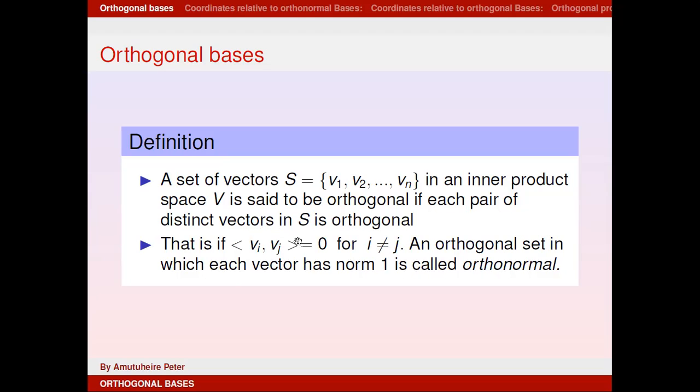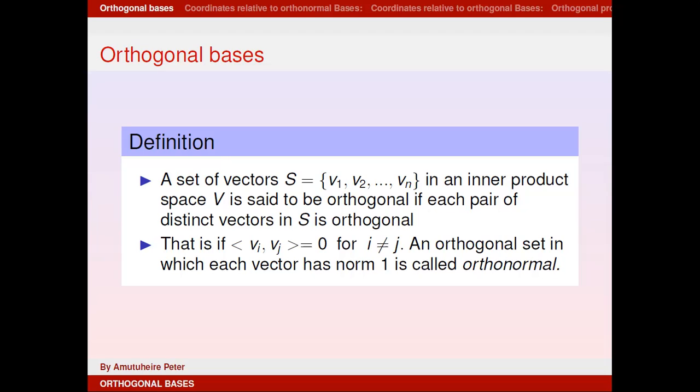So this is what we mean by two vectors being orthogonal. In the previous lecture, we defined what it means for two vectors to be orthogonal. Now, here we want to define what it means for a set of vectors to be orthogonal. So, in the previous lecture, we said two vectors v1 and v2 are said to be orthogonal if the inner product of v1, v2 is equal to 0. Now, for a set to be orthogonal, each pair of distinct vectors should be orthogonal.